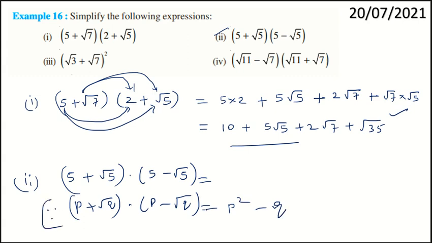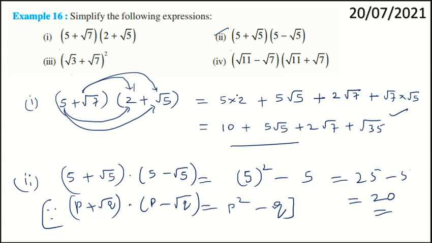This is the identity we have learned. You can use it here. 5 square minus 5, which is nothing but 25 minus 5, is 20, the answer.